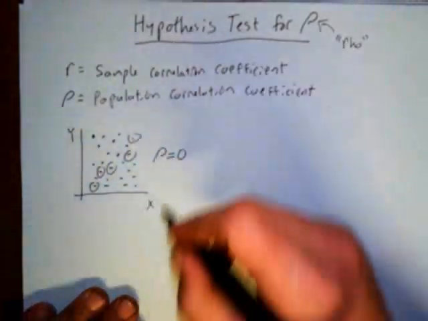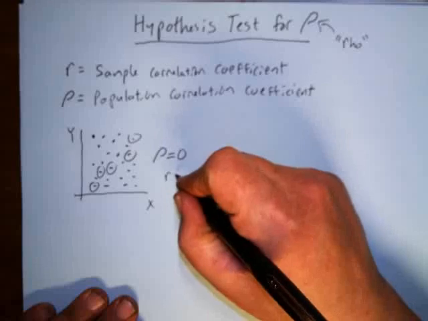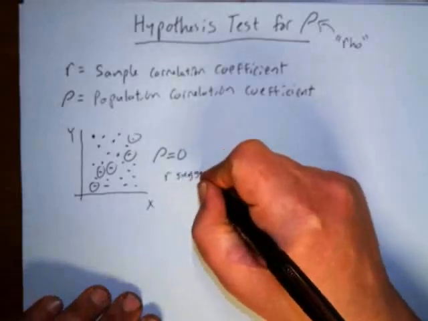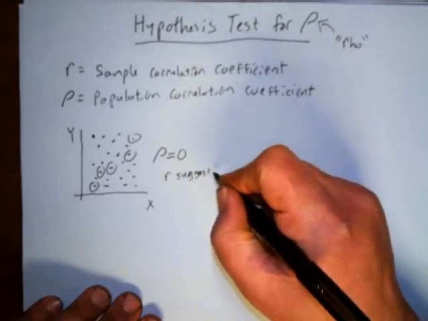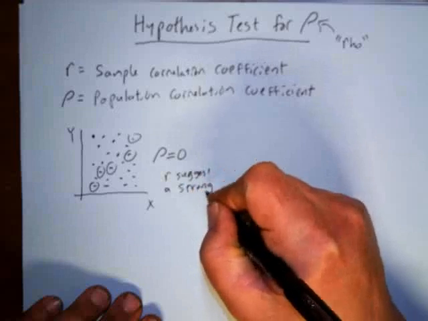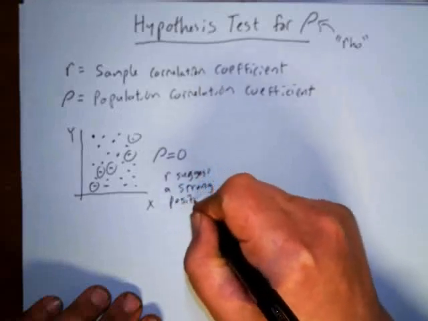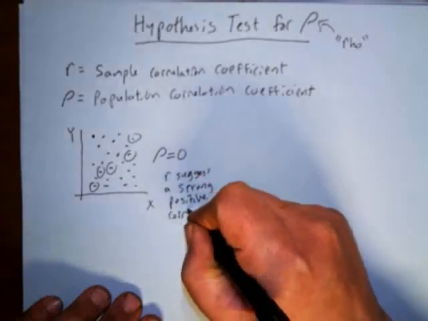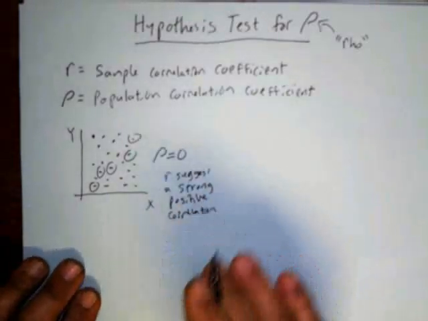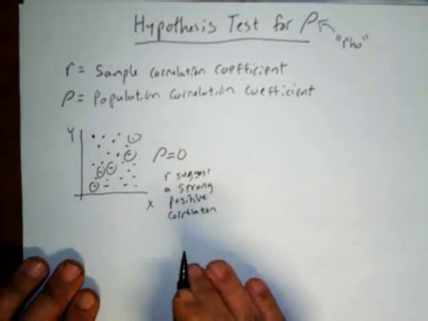Well, in that case, r suggests a strong positive correlation, doesn't it? And you would be wrong, because there's actually no correlation in the population.